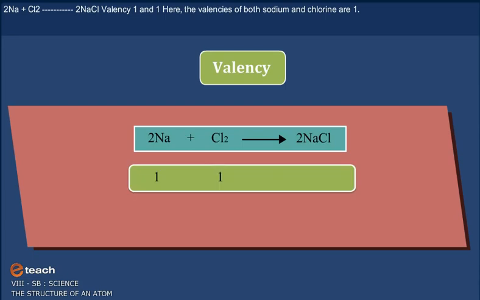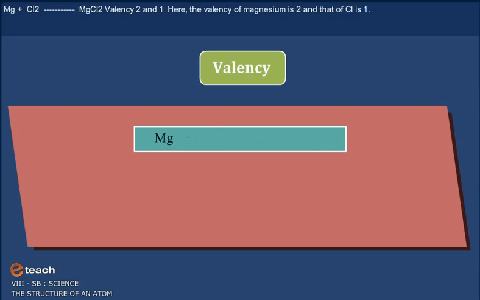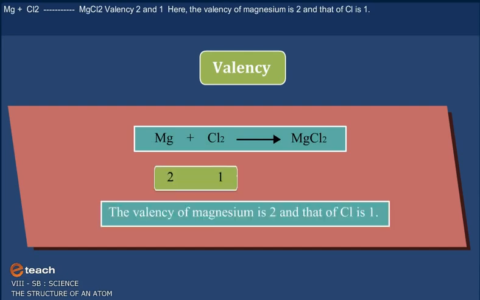Valency 1, 1. Here, the valency of both sodium and chlorine is 1. Mg plus Cl2 gives us MgCl2. Valency 2, 1. Here, the valency of magnesium is 2 and that of Cl is 1.